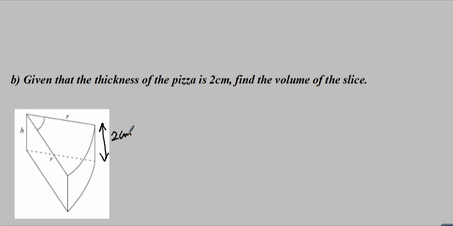So the thing is to identify the slice as a prism where the cross-sectional area is constant and the cross-section is the sector. So the volume of a prism is, as you remember, the area of the cross-section times the height.